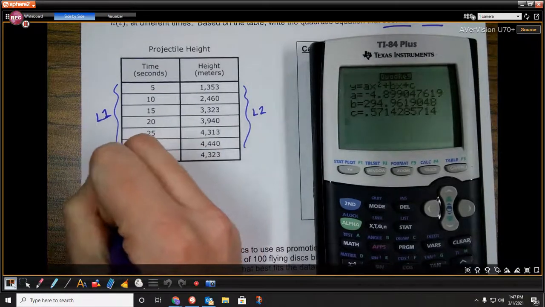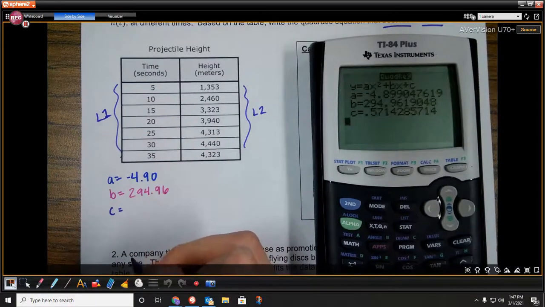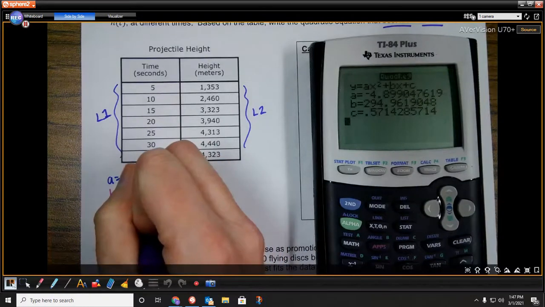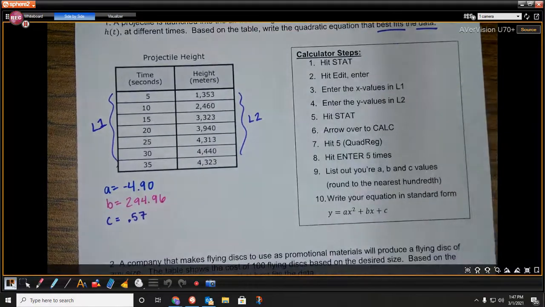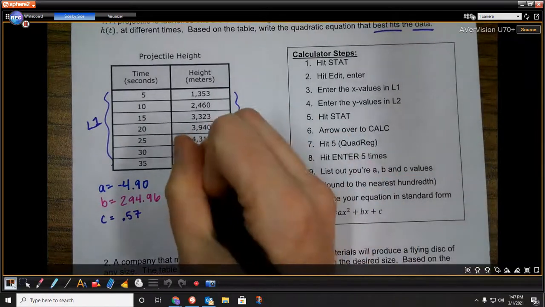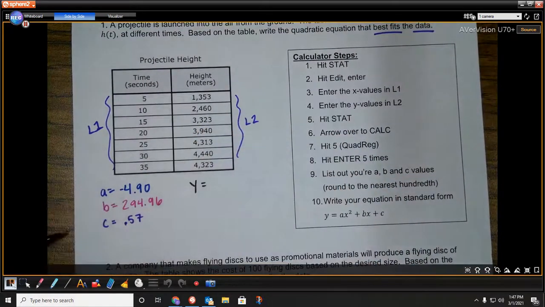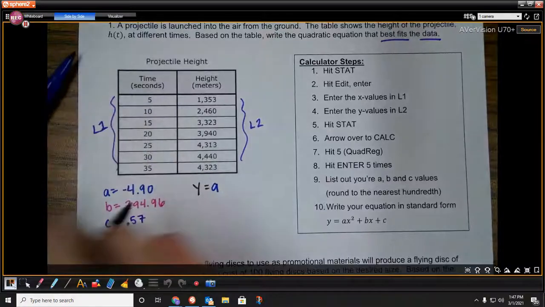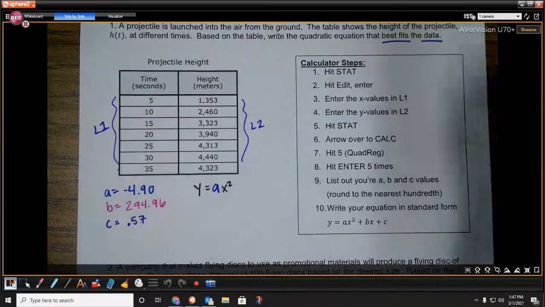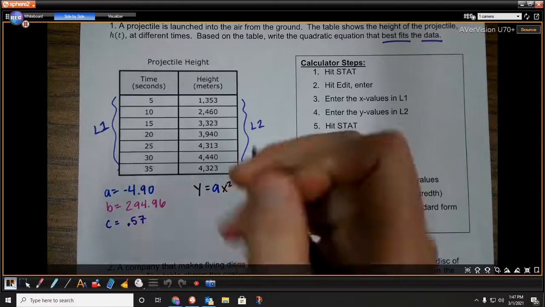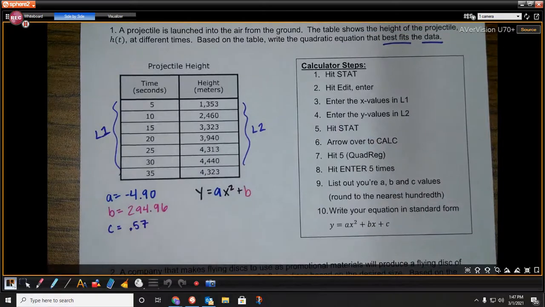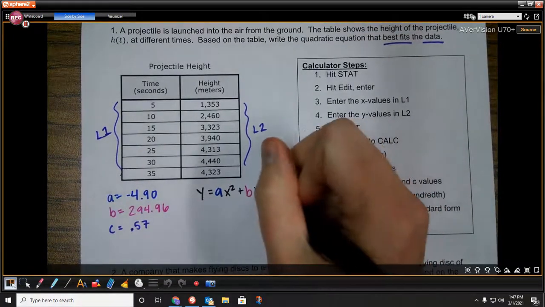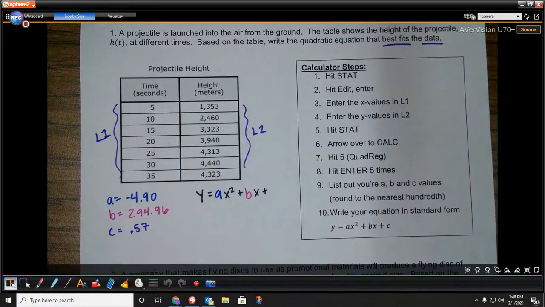And then my c value would be 0.57. So now my standard form equation is y equals ax squared plus bx, and then plus c, whatever my c value is.